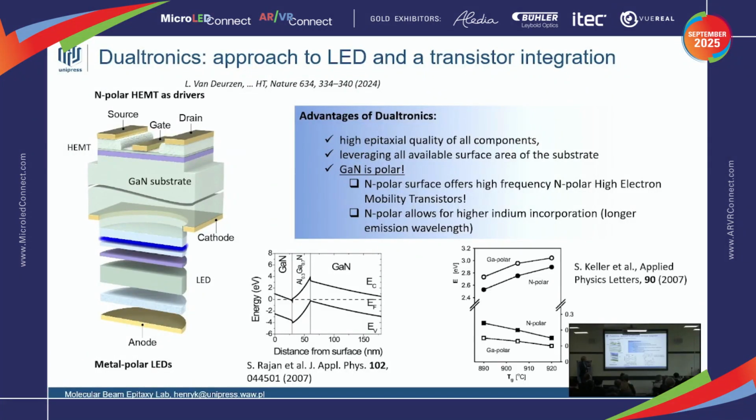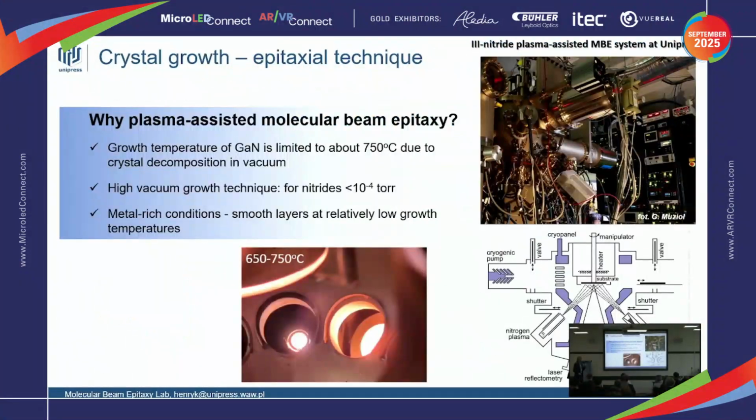But also, it has been reported many times that indium incorporation on the nitrogen polar side of a crystal is much better, like what's shown here. You expect more indium to incorporate on the nitrogen polar side, so this can be used for long wavelength emitters.